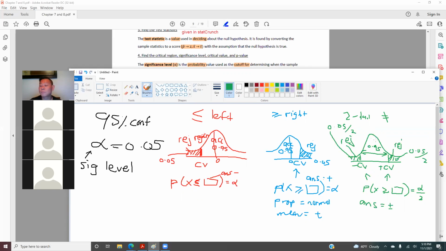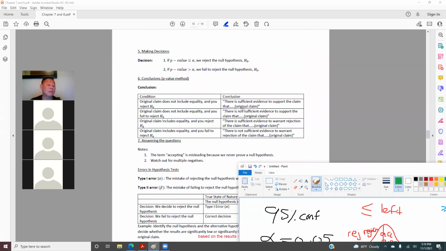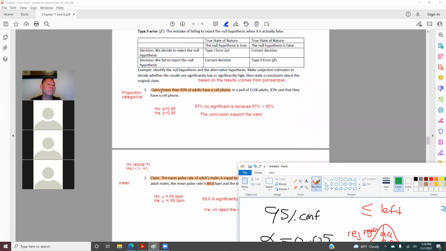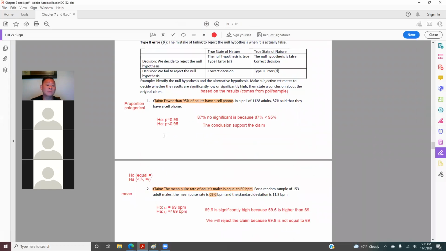So how do we know in the question if it's a right side test, left side test, or two-tailed like the test we just did in the example here? They will give you a claim statement. So if we use fewer, then this is a left tail test, because it's using less than.